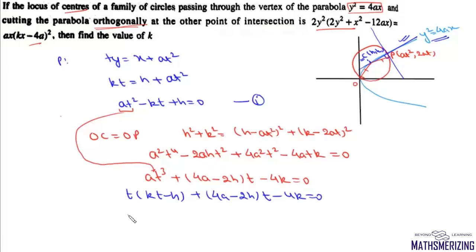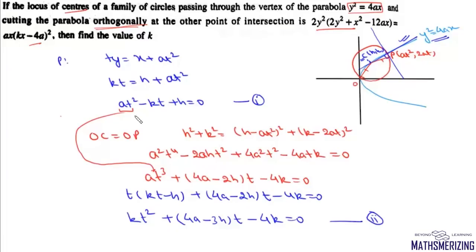So we can write this equation as kt square minus ht minus 2ht, so we'll write it as 4a minus 3h into t minus 4k equals 0. And that's our second equation.